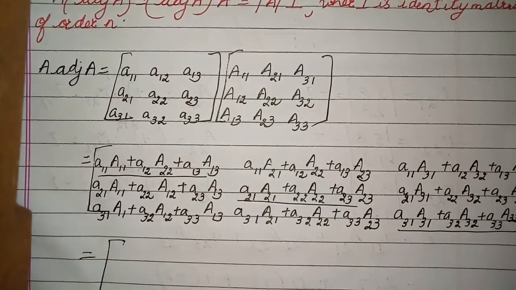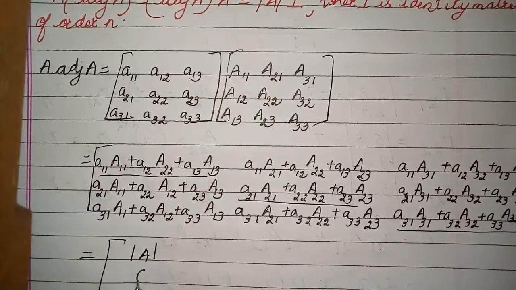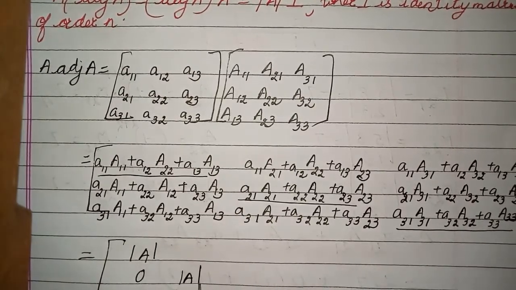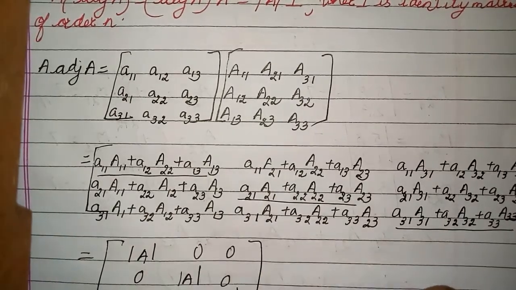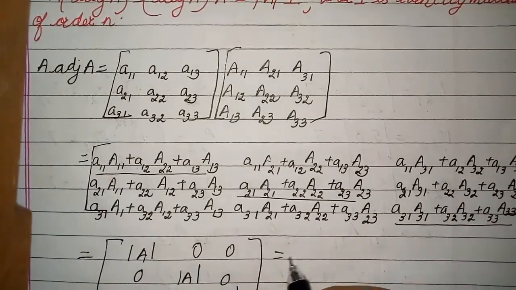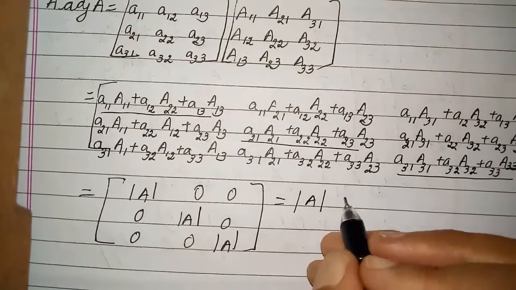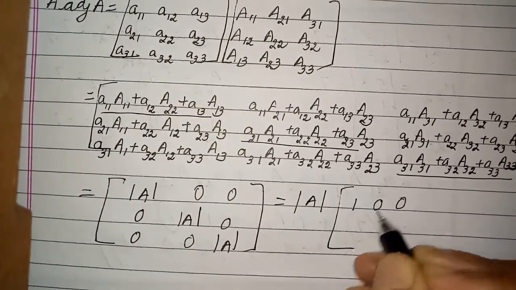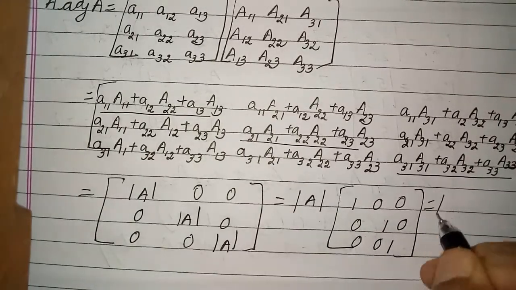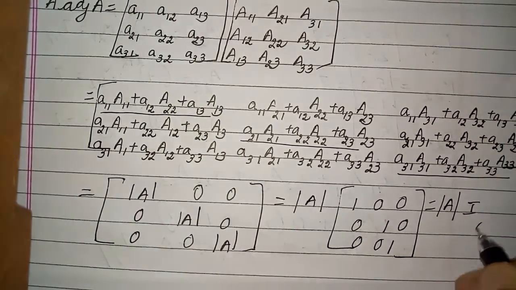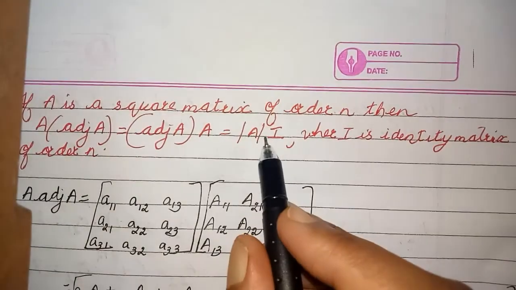So what will happen? I will get the diagonal elements as determinant of A, and the non-diagonal elements I will be getting as 0. Yes. If I take determinant of A common, this will be 1 0 0, 0 1 0, 0 0 1. This is nothing but determinant of A into I. This is what you wanted to prove.